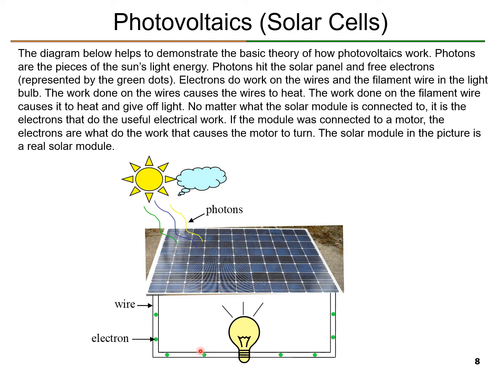Now, no matter what the solar module is connected to, remember, it is the electrons that do the useful electrical work. If the module was connected to a motor, the electrons are what would be doing the work that causes the motor to turn. In this picture here, this is a real solar module.